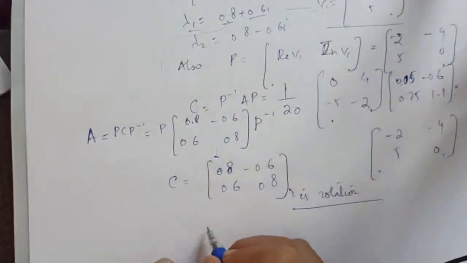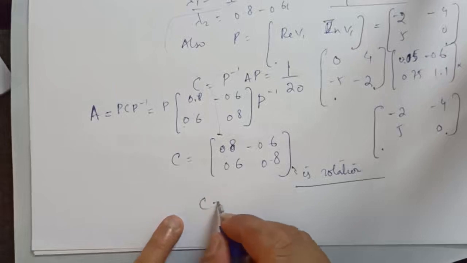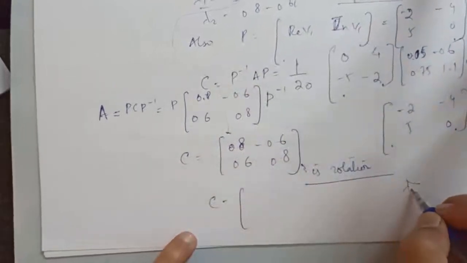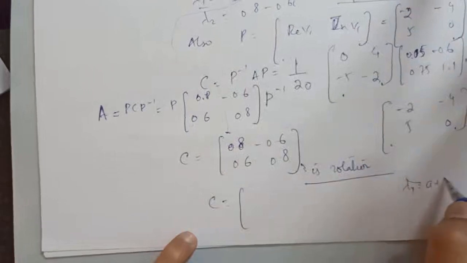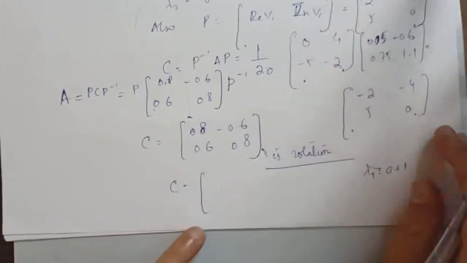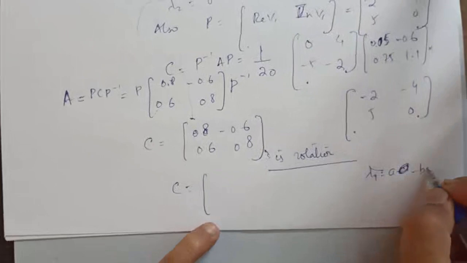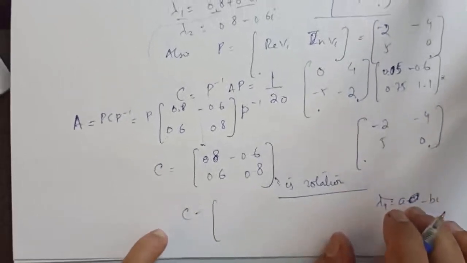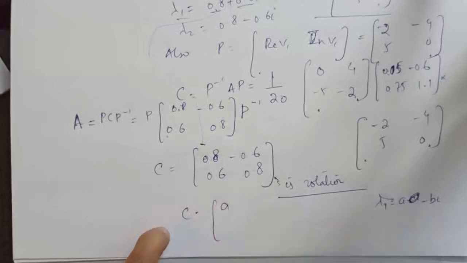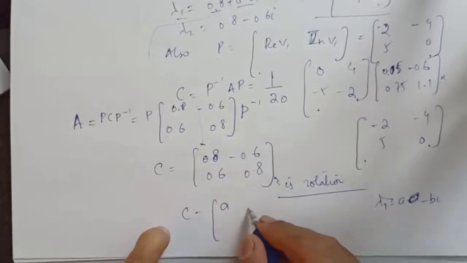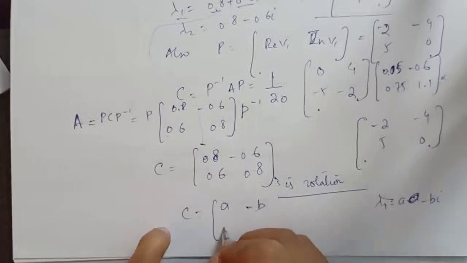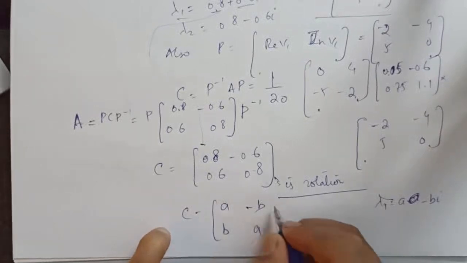So you can think of this matrix C as, if I say this lambda 1 is a plus b ι, then I can write this as [[a, -b], [b, a]].